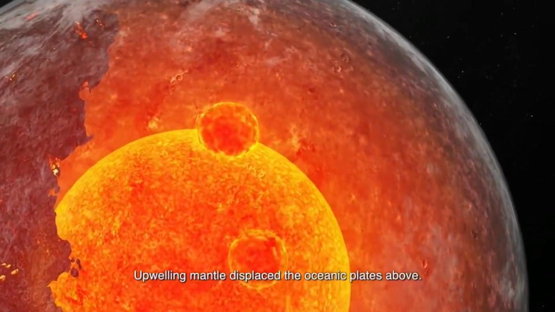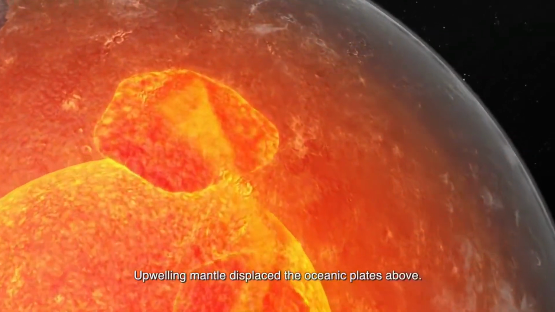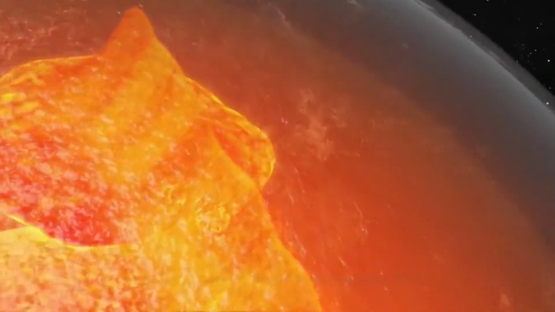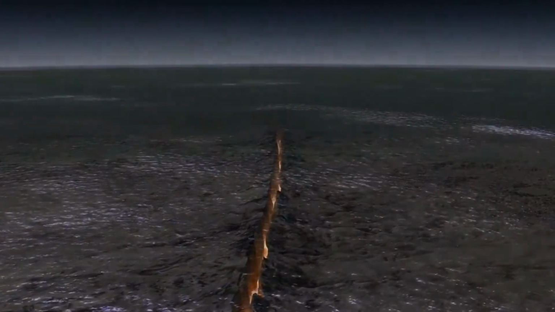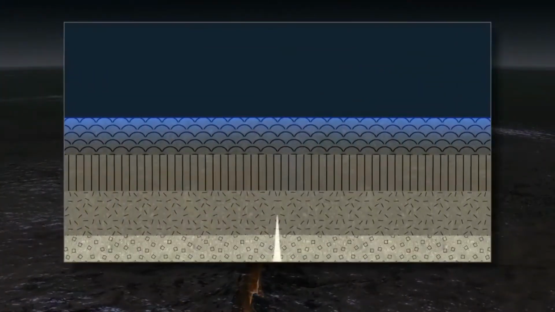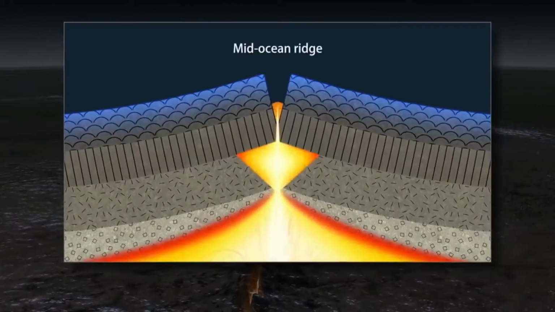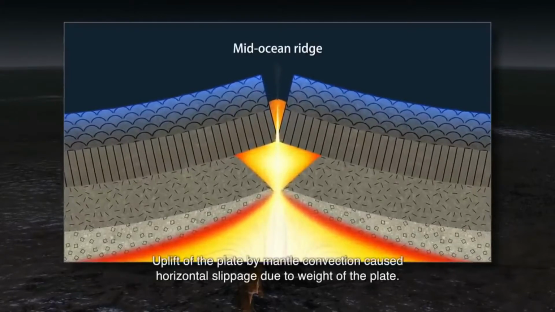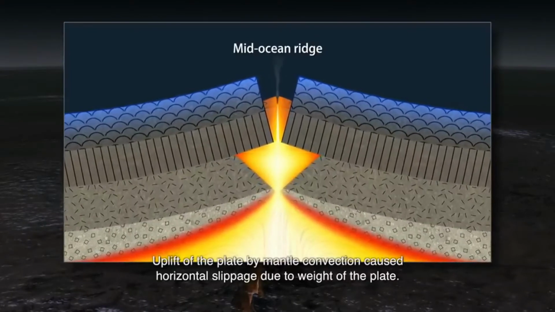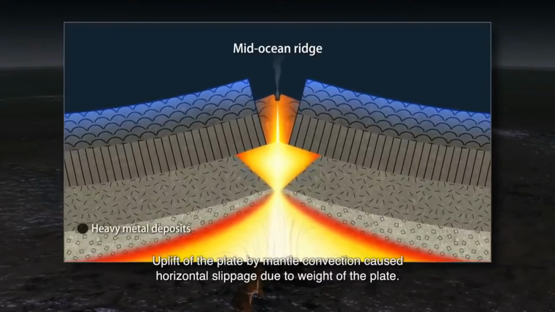Upwelling mantle displaced the oceanic plates above. Uplift of the plate by mantle convection caused horizontal slippage due to the weight of the plate.